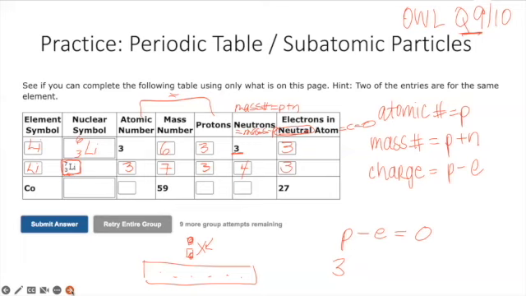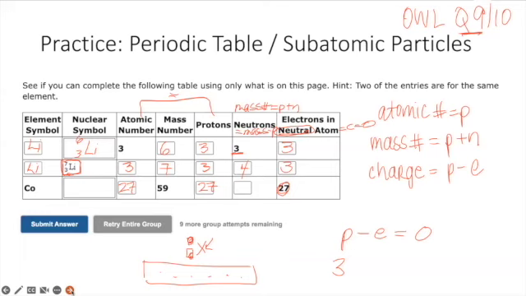Okay, 27 is its atomic number. Its atomic number always equals its protons. And, oh, I guess I could have just solved it without looking at the periodic table. If I would have done a neutral atom has the same number of protons as electrons, I could have got it there. But, you know, there's so many ways to work this table, right?